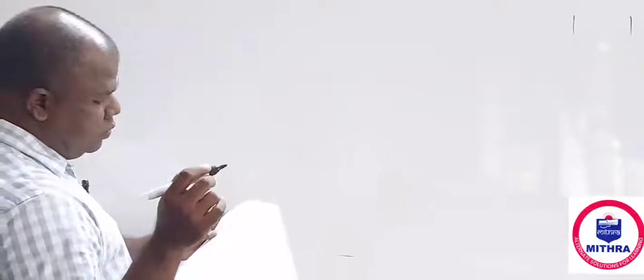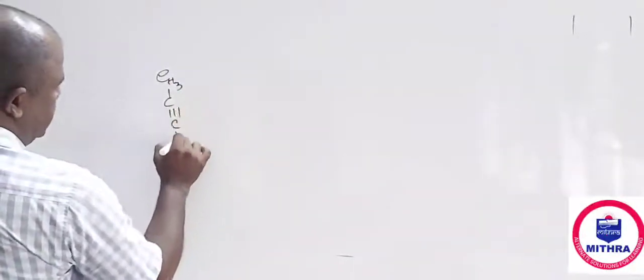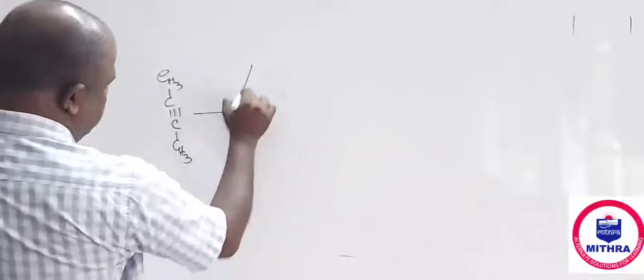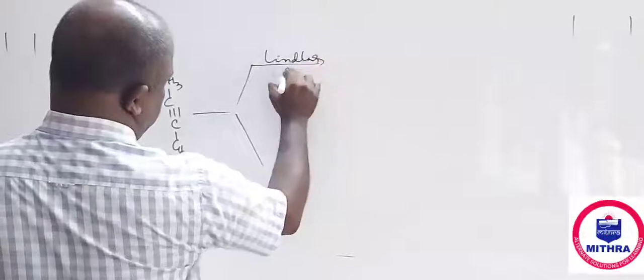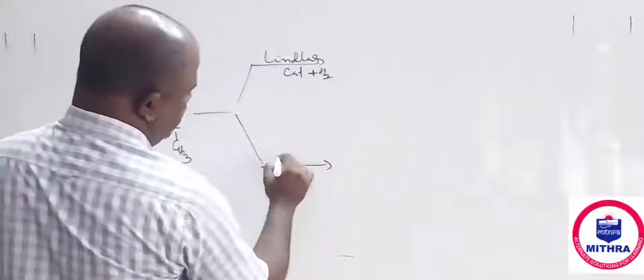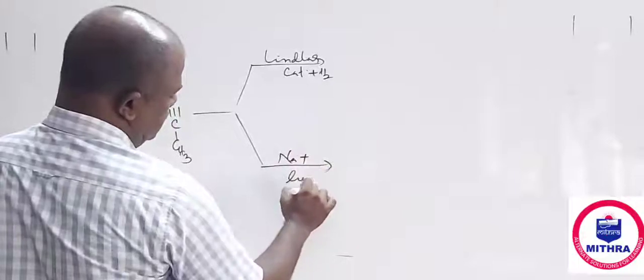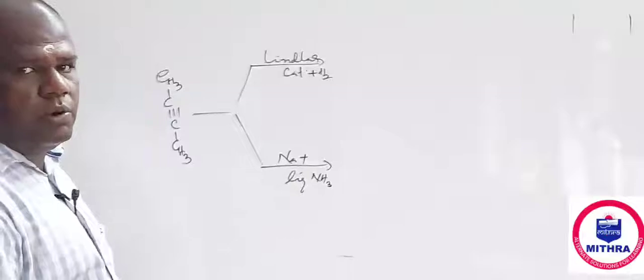The compound originally taken is 2-butyne. What is 2-butyne? CH3, C triple bond C, CH3. I am giving 2 reactions. One is Lindlar catalyst, palladium carbon. Next is sodium or lithium plus liquid ammonia medium.